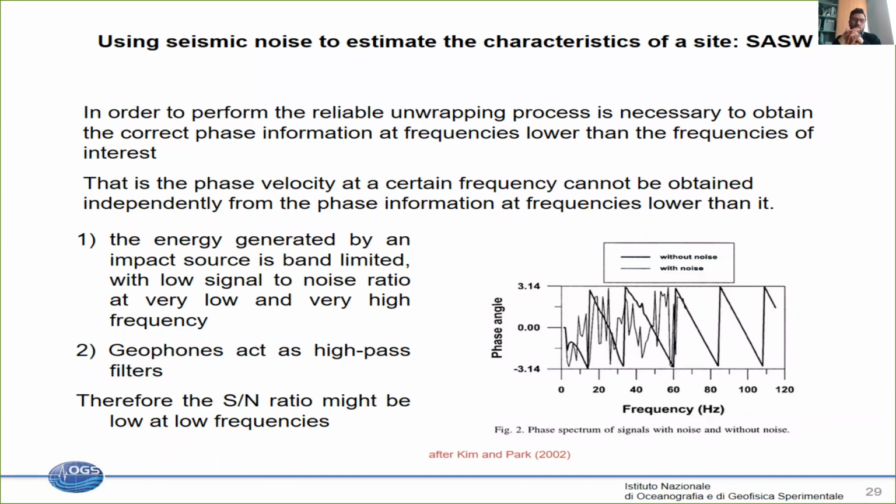The other reason why maybe I don't have a lot of signal can also be related to the instruments that I'm using. Why this? Because the instruments always act like a sort of high-pass filter. So for example, if I use 4.5 hertz geophones, which I showed you last time, it means that I will start filtering the signal, let's say, below 4.5 hertz.